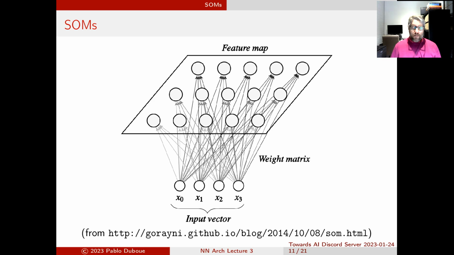And this is done not necessarily with a direct Hebbian rule, but a fairly similar concept: you put in an input, then you find the neuron on the feature map that is closer to the input, and then you take the neighborhood around it and update it so it gets closer to that.